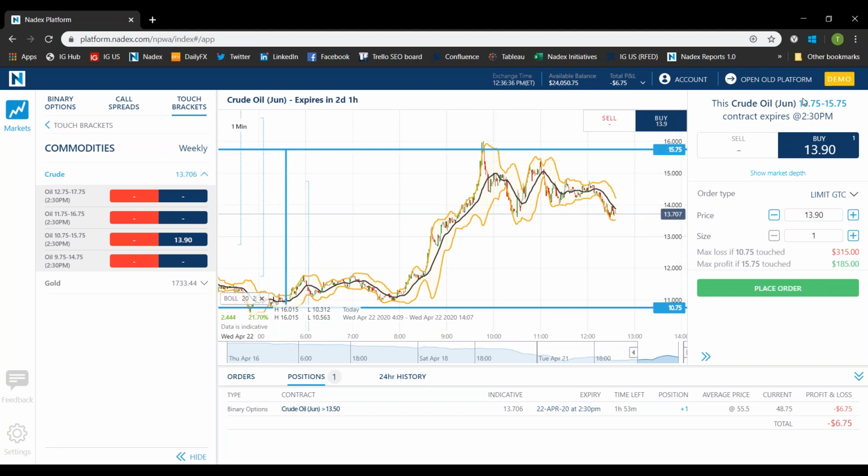However, my lower band is down at 1075. If oil were to drop and touch 1075, again, I would be knocked out of the trade. That's where I would stop my losses in case oil kept going lower, and I would lose $315, but I couldn't lose more than the $315.